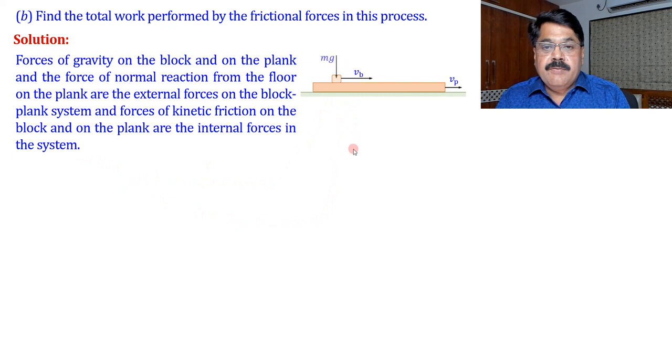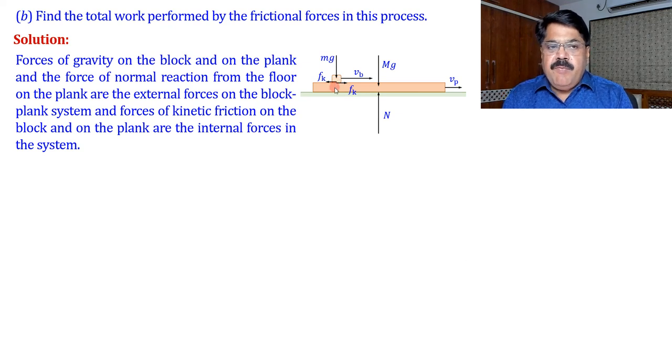Here we are not showing that normal action between block and plank. Of course, it's an internal force, and its work will be 0 on each individual body, because for that normal action the displacement of the block is normal, and for this normal action the displacement of the plank is also normal. So no need to show this.